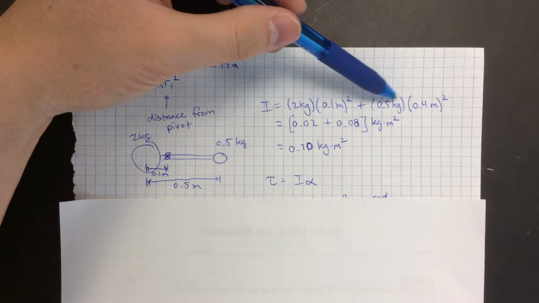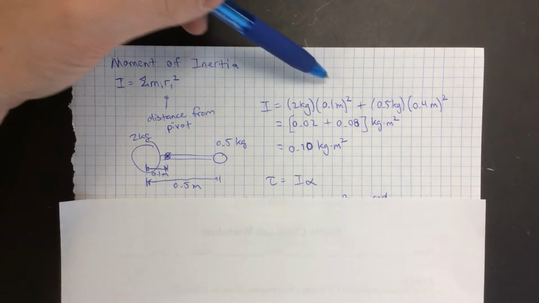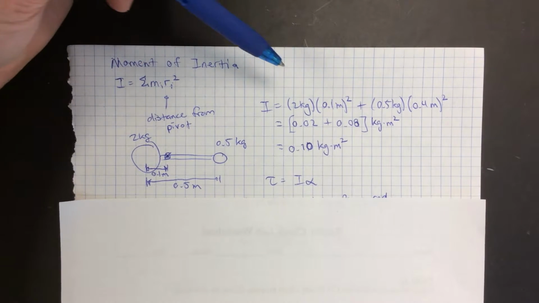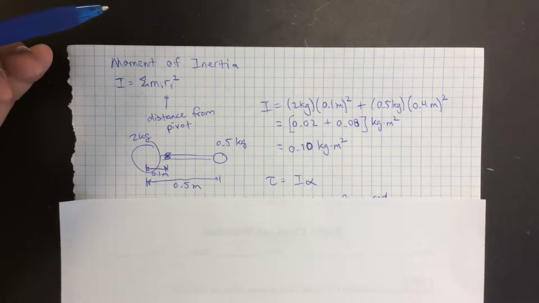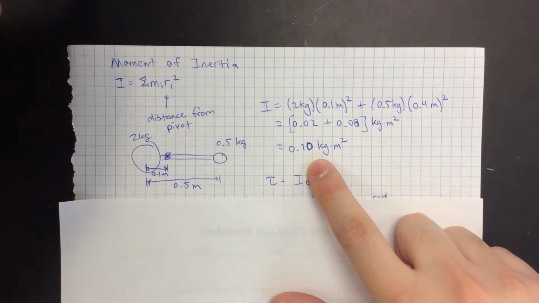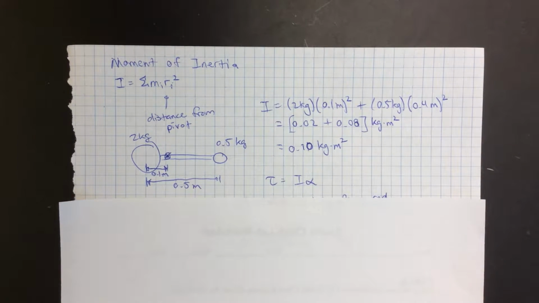This one is 0.5 kilograms. It's 0.4 meters from the center of mass. Notice that because it's squared, you'll never end up with a negative value. That wouldn't really make any sense. And when you add it all together, you get something like this: 0.1 kilograms square meters.